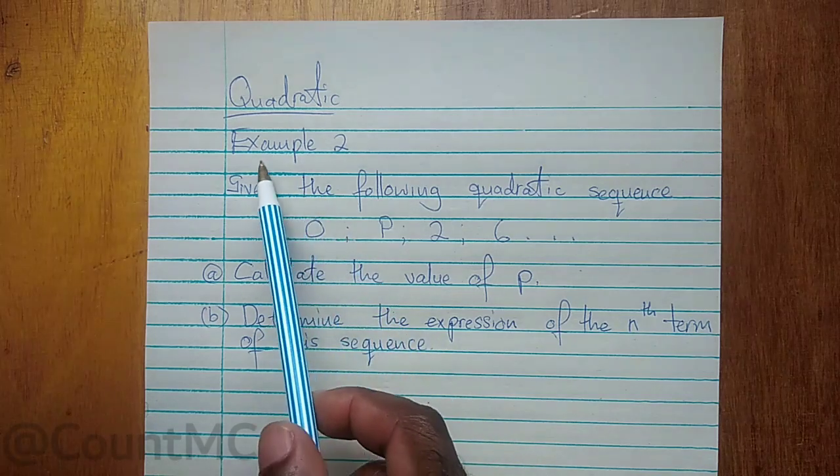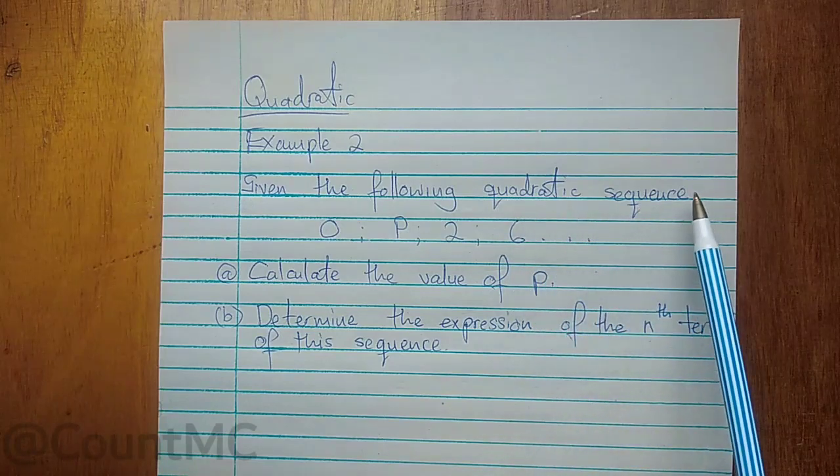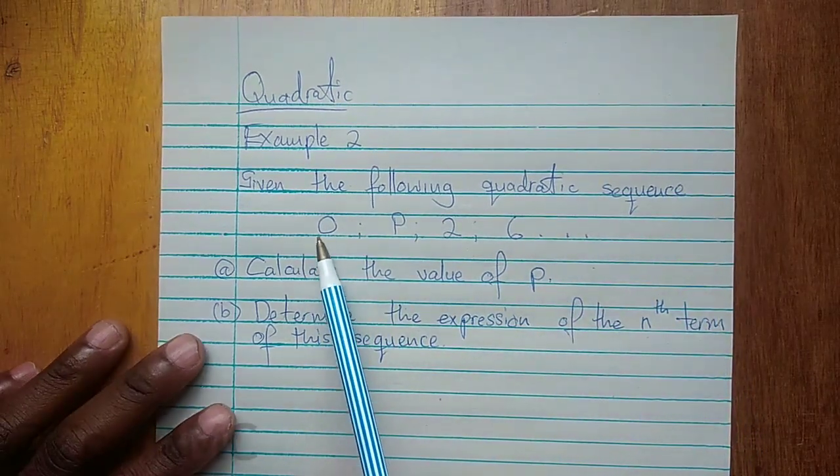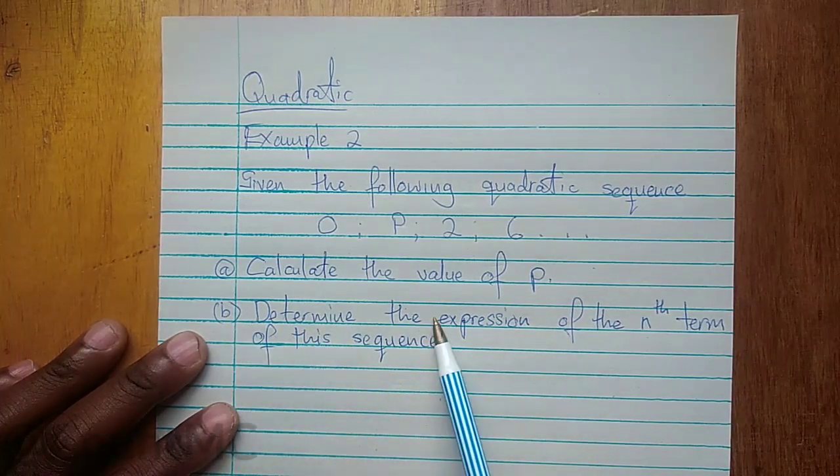Example 2 on quadratic number patterns. Given the following quadratic sequence 0, p, 2, and 6, calculate the value of p, then determine the expression of the nth term of this sequence.